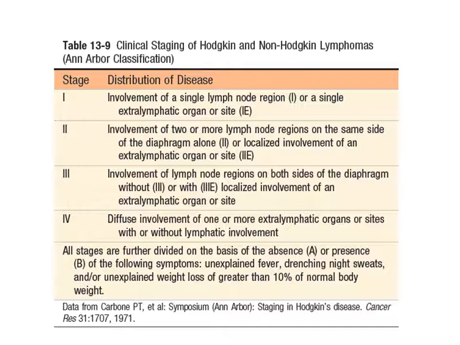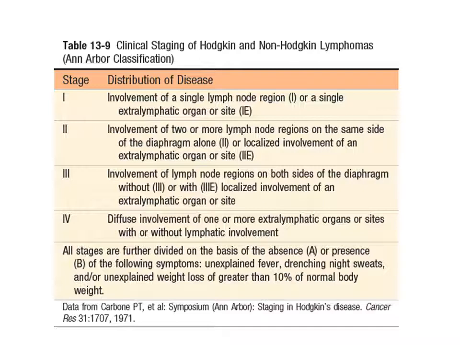Stage 3, involvement of lymph node regions on both sides of the diaphragm. Without extra lymphatic involvement this is 3, or with localized involvement of an extra lymphatic organ or site, 3E.